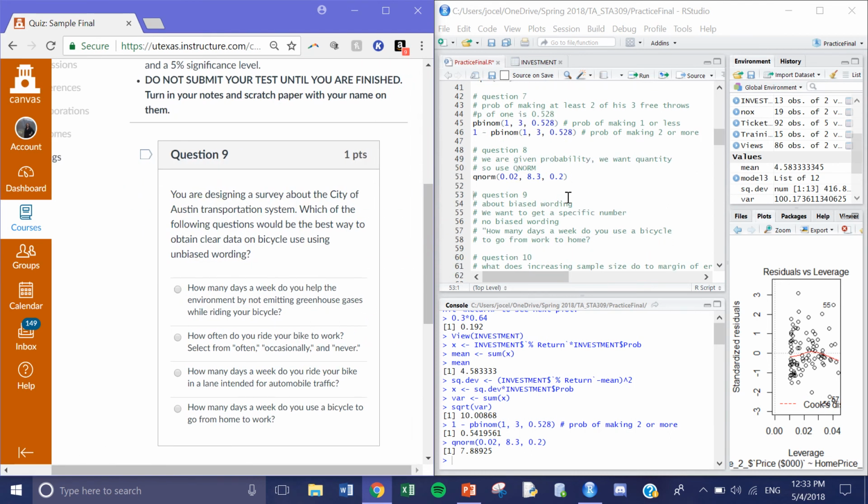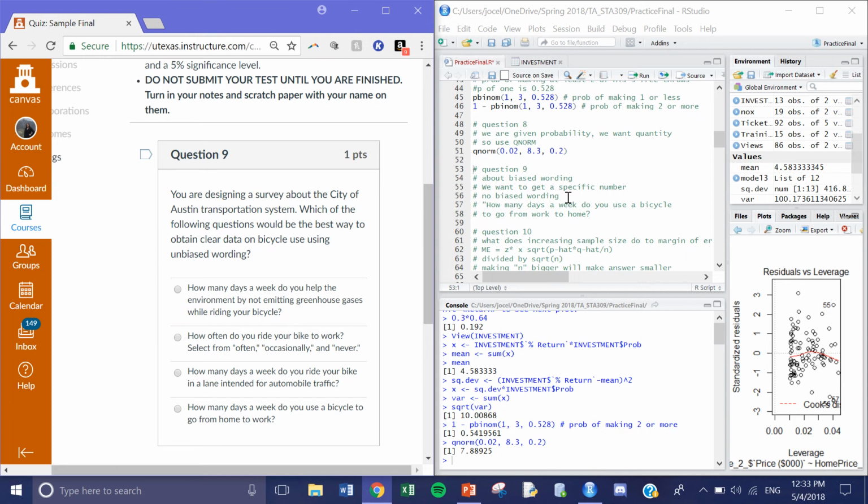You are designing a survey about the City of Austin transportation system. Which of the following questions would be the best way to obtain clear data on bicycle use using unbiased wording? This is just a conceptual question. We want the best survey question. The first option, how many days a week do you help the environment by not emitting greenhouse gases? This, "do you help the environment," is the hint. This is a biased question. The second option, how often do you ride your bike to work?